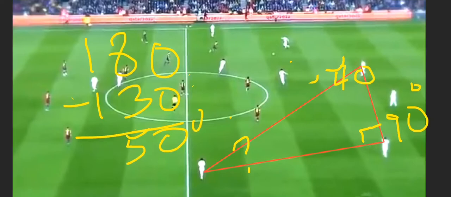So the missing third angle here will be 50 degrees. Now, if you add up all three, 90 plus 50 is 140, and 140 plus 40 is 180 degrees.